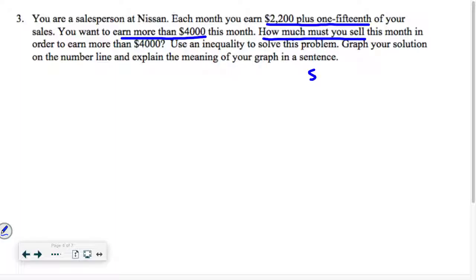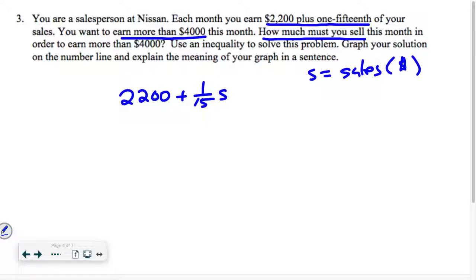So let's say S equals sales, and this is going to be in dollars. So your job, you earn $2,200 a month plus 1/15 of your sales. Your goal is to earn more than $4,000.